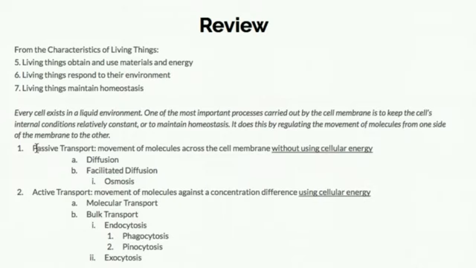So the two types are passive and active transport, and within that we talked about these specific types. Diffusion, a type of passive transport, facilitated diffusion, and then osmosis was a type of facilitated diffusion. For active transport, we had molecular and bulk transport, and within bulk transport, we had endocytosis and exocytosis. Phagocytosis and pinocytosis are both types of endocytosis, or taking things in.